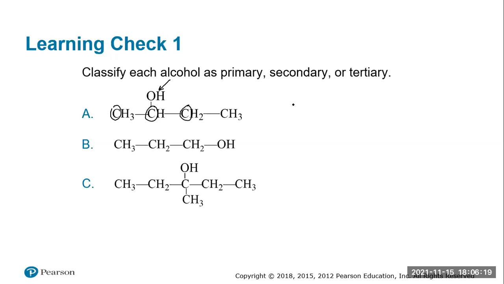So this would be a secondary. This is the carbon that has the OH group attached. Attached to it directly is just one carbon, which means this would be a primary. And lastly, this is our carbon that has the OH group attached to it. Directly attached to that is one carbon, two carbons, and three carbons. And that would be a tertiary alcohol.